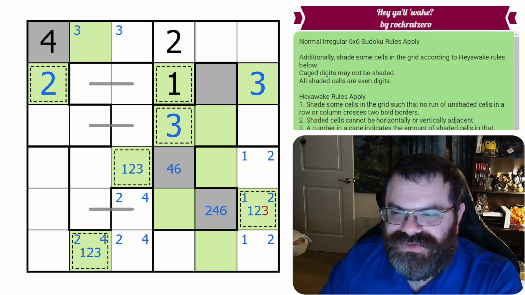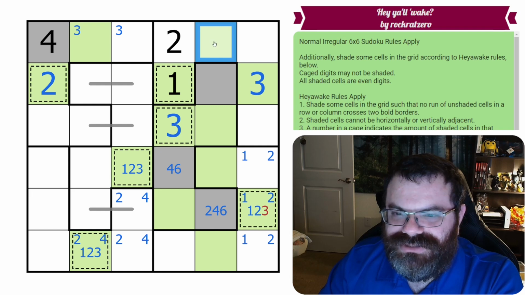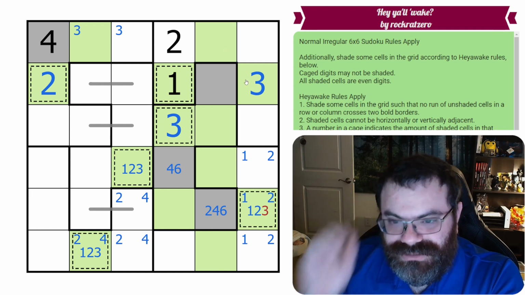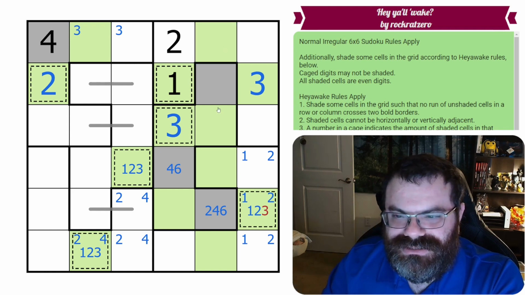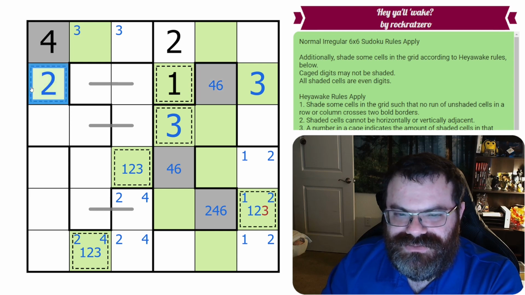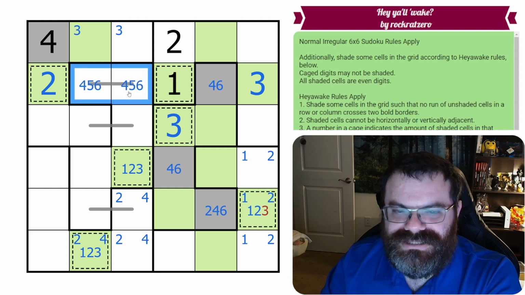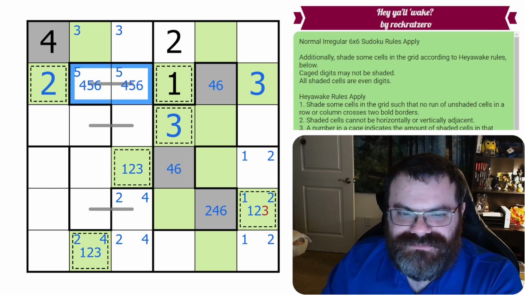Because the 3 is not even, right? So the 3 can't be shaded. We can also unshade this one because it's orthogonally connected to the shade. So this is 2, 4, 6. It can't be a 2 because of the 2 in the row. I guess I can mark that these are 4, 5, 6, and one of these is 5.